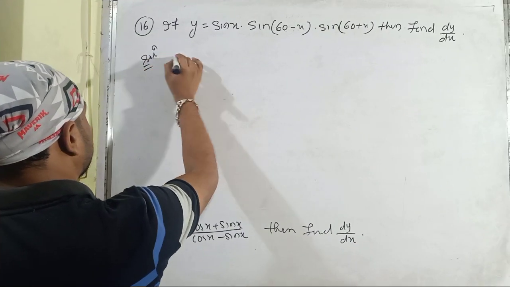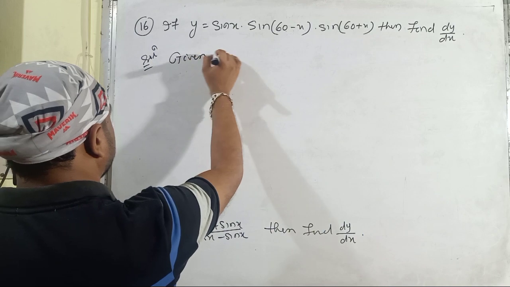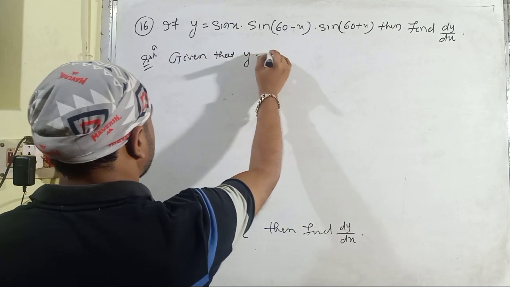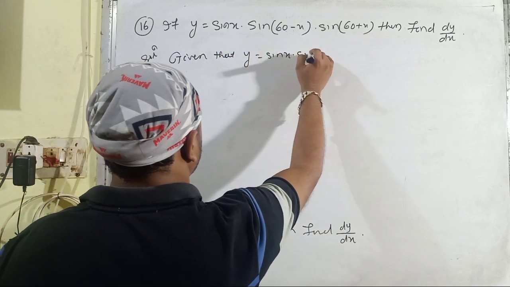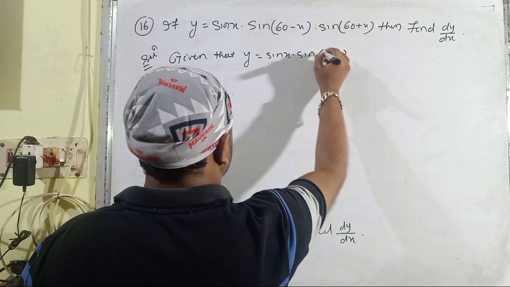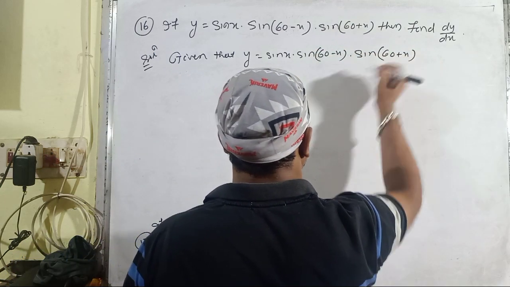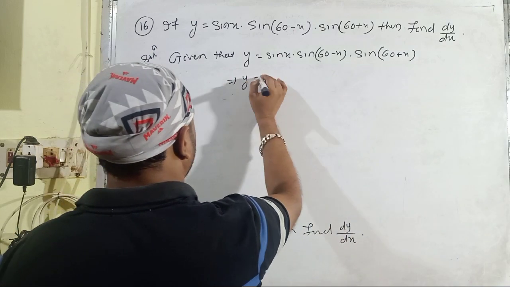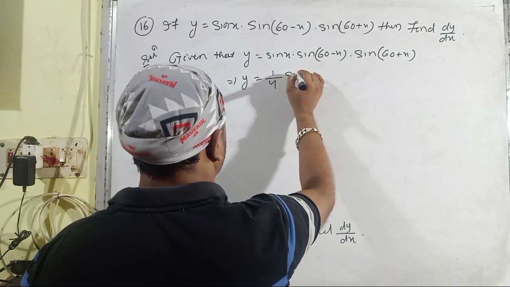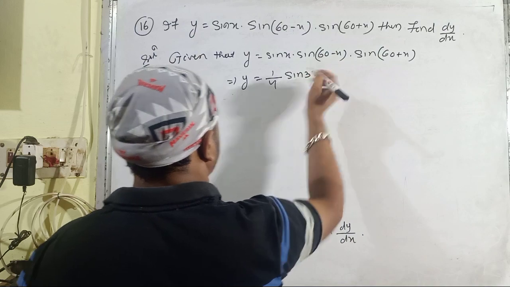Solution. Given that y is equal to sin x multiplied with sin 60 minus x multiplied with sin 60 plus x, which is equal to 1 upon 4 sin 3x.